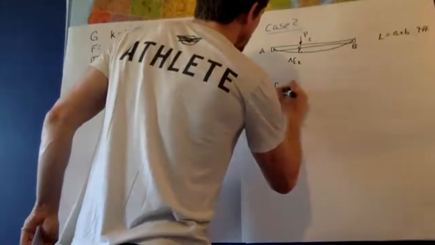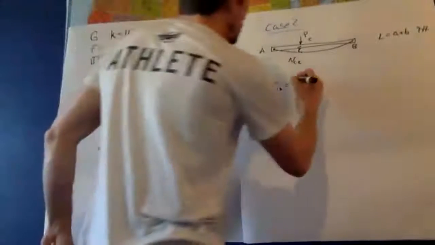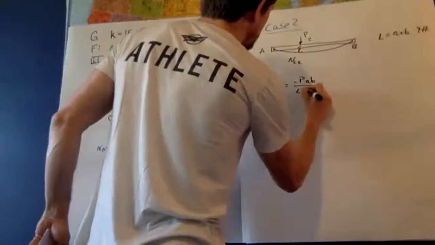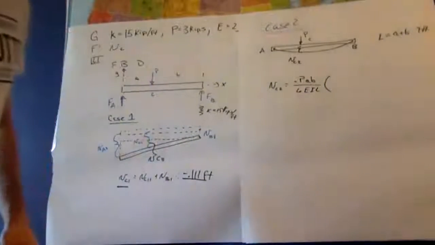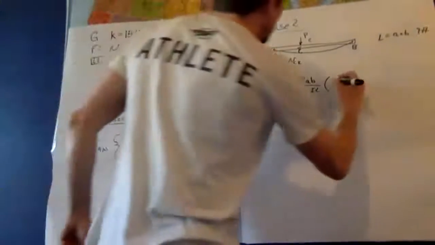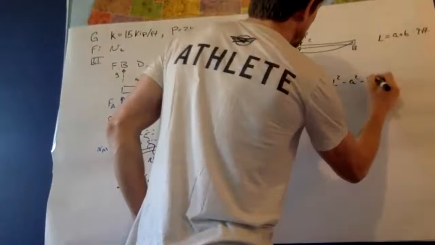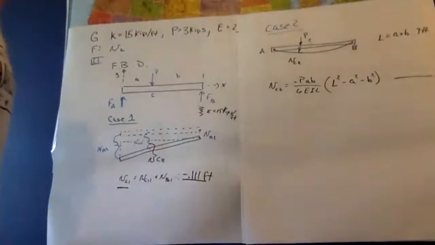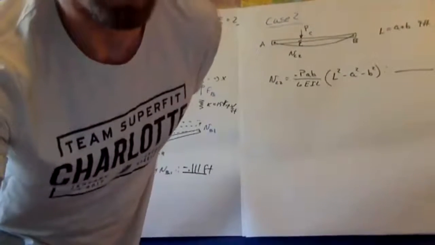And then using our table, we could say that VC2 is equal to minus P A B divided by 6EIL, multiplied by L squared minus A squared minus B squared. And this is directly from the table. And I have an answer.